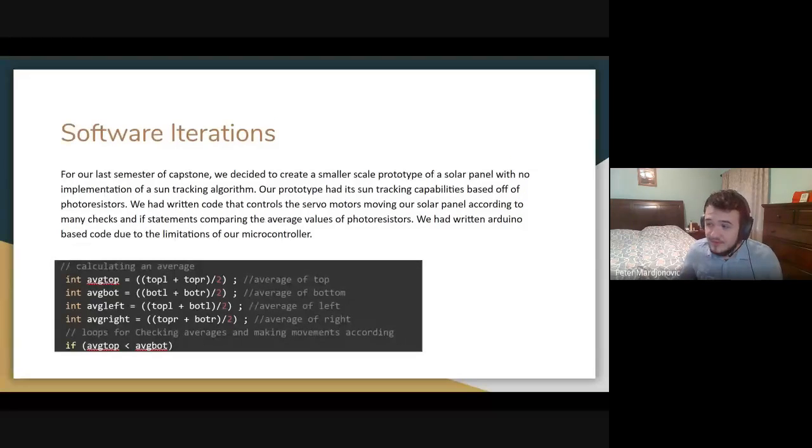But for this semester, we wanted to take it one step further, and we computed the actual solar location based off of our algorithm loaded onto a Raspberry Pi. We were also able to implement this code into our system. We converted the Arduino code to C++ code, and we also kept the photoresistor system on top of the algorithm, as a failsafe.